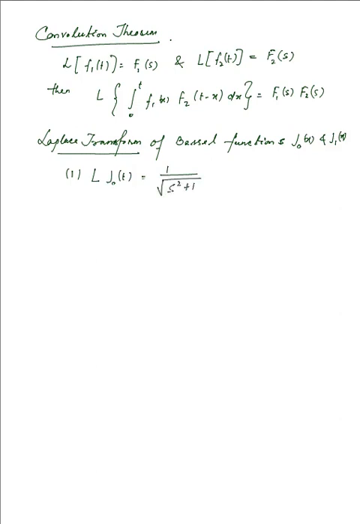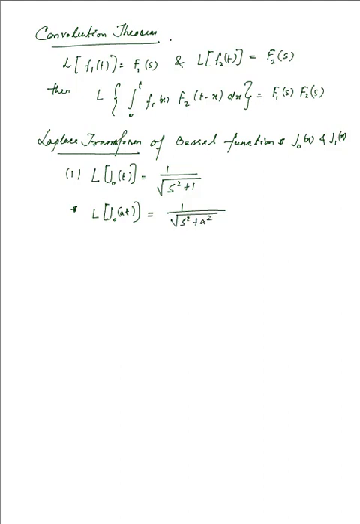If we have a times t, that is the Laplace transform of J0(at), then we have this to be equal to 1 over the square root of s squared plus a squared.